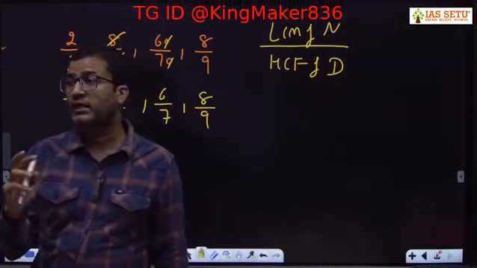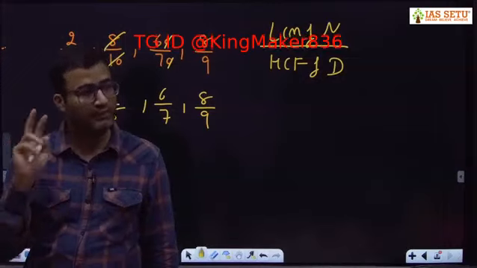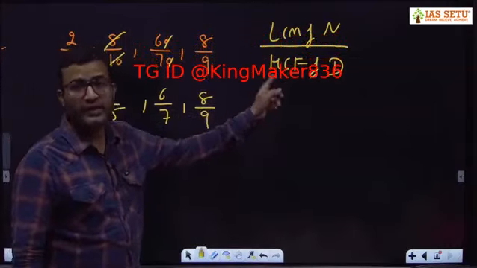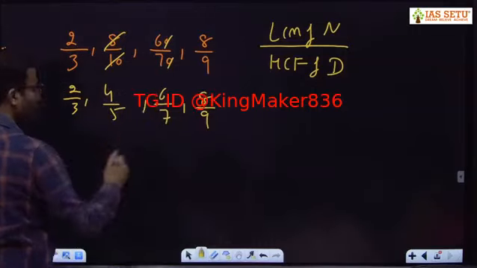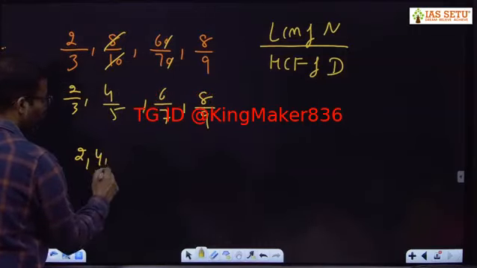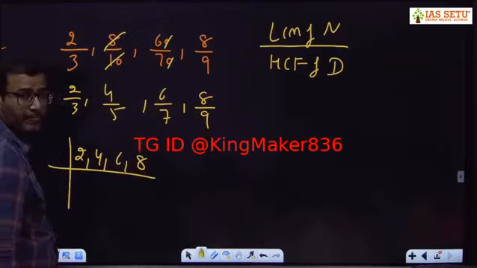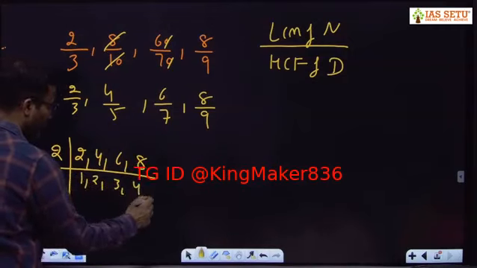If the examiner asks LCM of fractions, it means the examiner is smart enough to check both concepts. Here both things will be used. LCM of numerators, HCF of denominators. Wait, what are your numerators? 2, 4, 6, 8. So 2, 4, 6, 8, we find the LCM. 2 common, 1, 2, 3, 4.